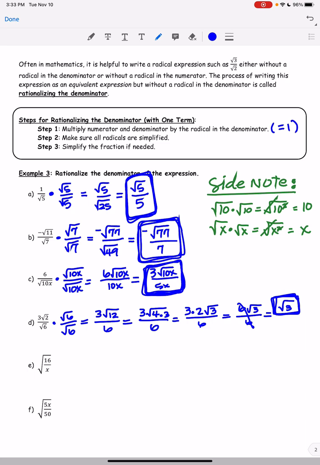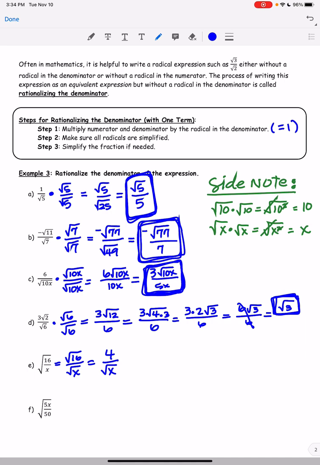E, technically what we need to do first is use that quotient rule and split that up. I can simplify the top, so I might as well. The square root of 16 is 4. So I've got 4 square root x.